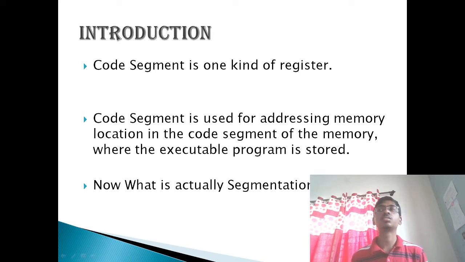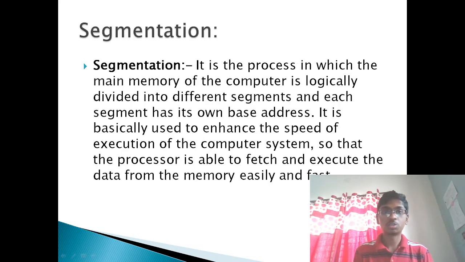One thing to note is that the code segment is one kind of register. Before I explain the code segment register in detail, let me show what segmentation actually means. I covered the definition in my PPT.